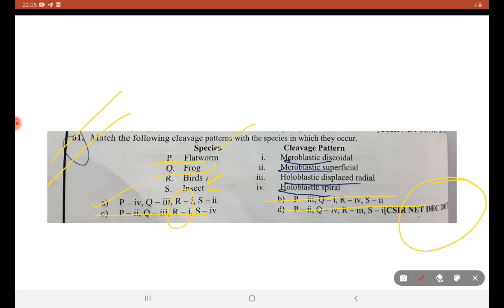Flatworm, holoblastic, spiral. Frog, holoblastic, displaced radial. Birds are meroblastic, discoidal. Insects are meroblastic, superficial, centrolecithal.